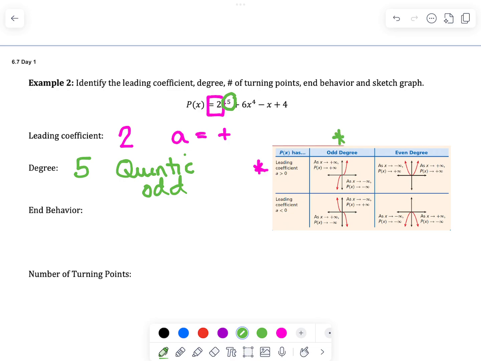Now we want to identify the end behavior. So since the degree is odd, we're going to look at the first column. And then our leading coefficient is positive. So what happens is we are rising on the right and falling on the left.